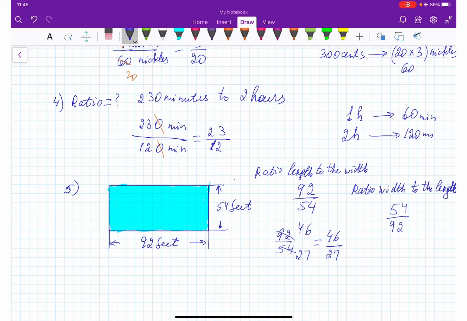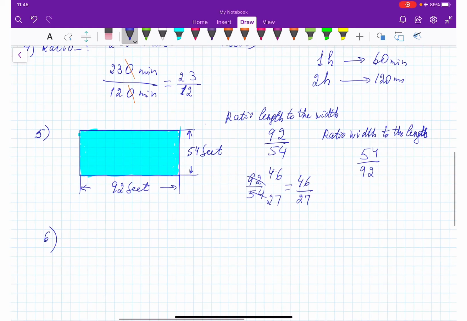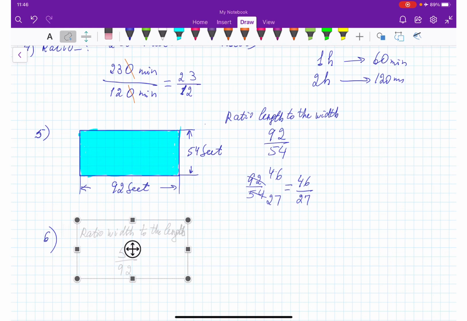Okay. And question number 6 is the same basketball field, but asking a ratio of width to the length. So let me move here. It's the same picture, same basketball field.